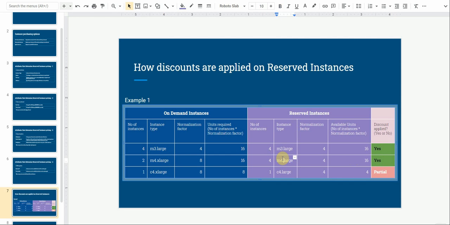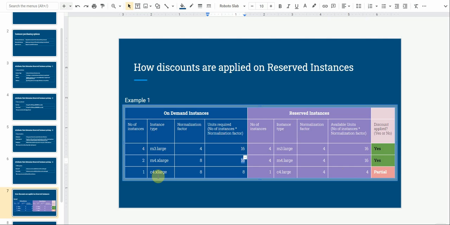M4X large, M4 large. This doesn't match. However, instance family matches, M4 and M4. If we consider number of instances and normalization factor, total units required are 16, which means we require 16 units of M4. With reserve instances, 4 instances we have purchased of M4 large. So we have 16 units of M4. This 16 units of M4 exactly matches with required units of M4. That is why we are having 100% discount applied.